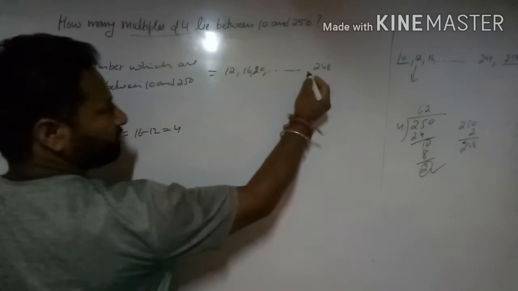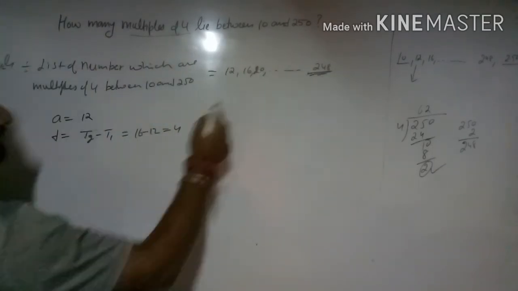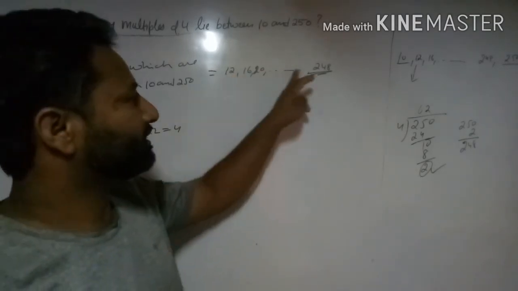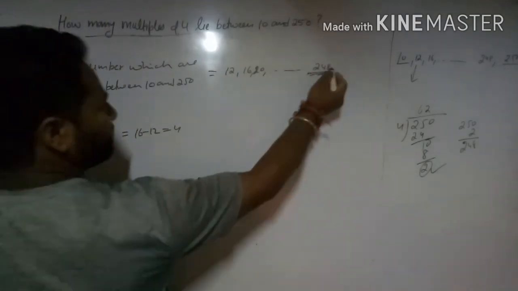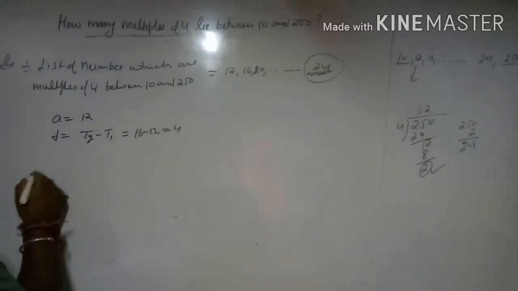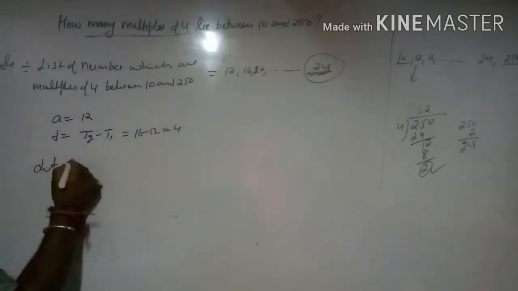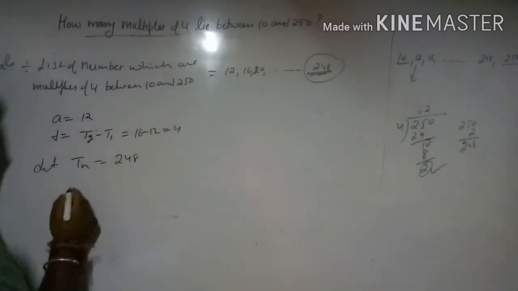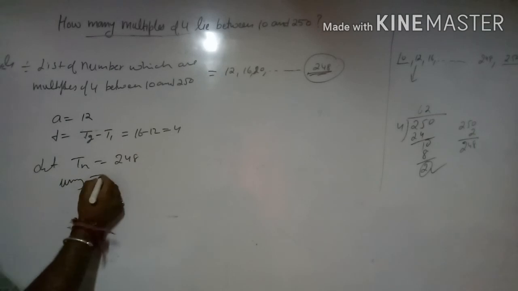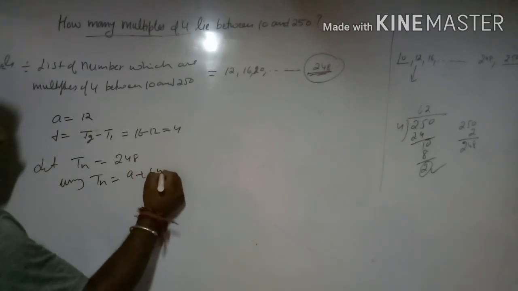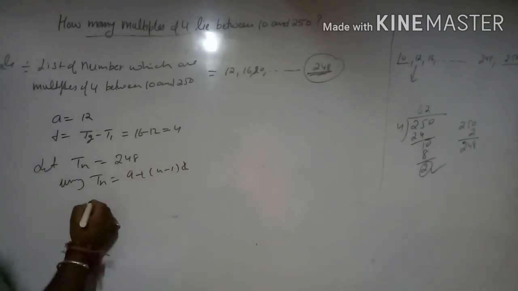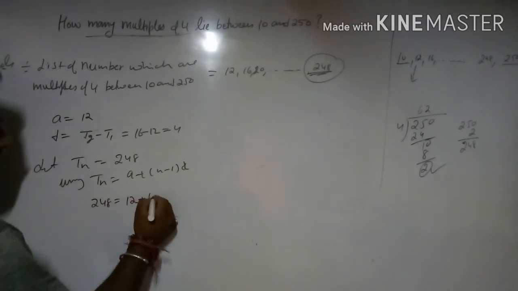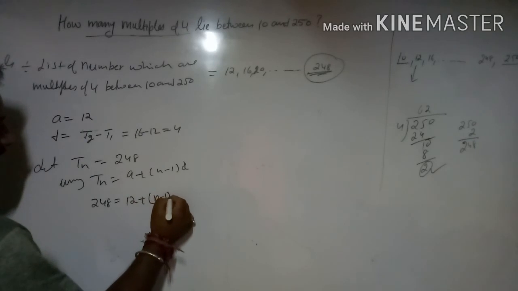One problem is that we don't know how many numbers there are, and we have to find how many multiples. For that, the last term is given, so let Tn be equal to 248. We suppose this last term is Tn. Using Tn is equal to A plus (n minus 1) into D, 248 is equal to 12 plus (n minus 1) into 4.